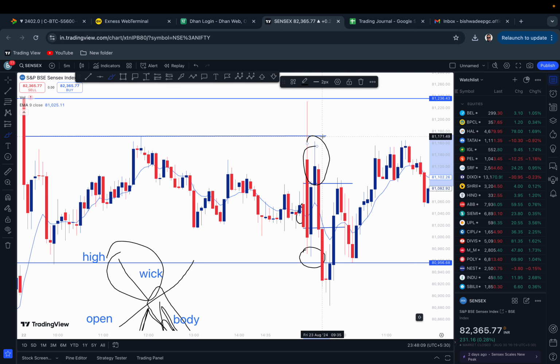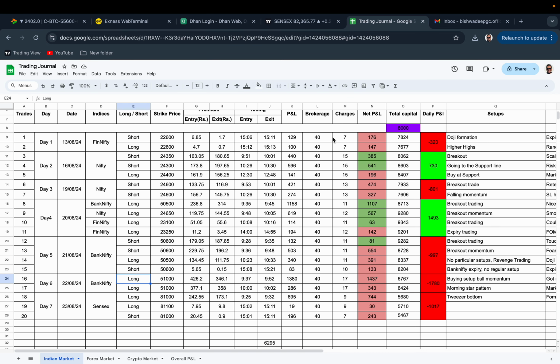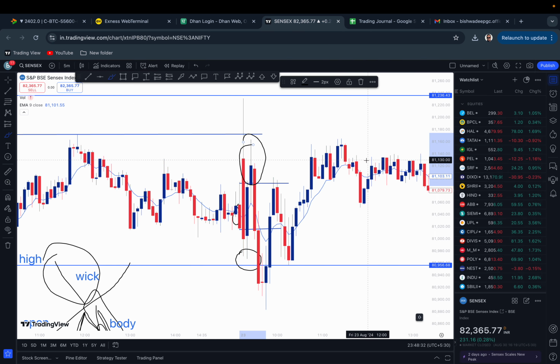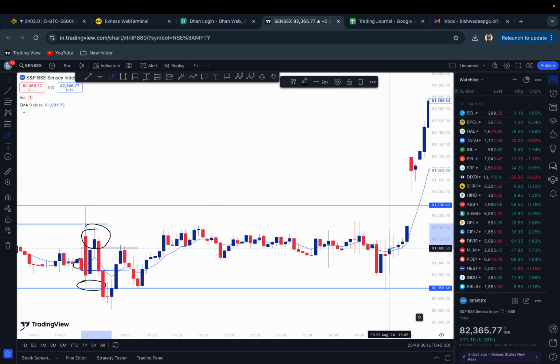It touched this resistance line, or was going to touch it, and after that I should have waited for one more candlestick to form. It was simply a bad trade that I took, and I made a loss of rupees 744.